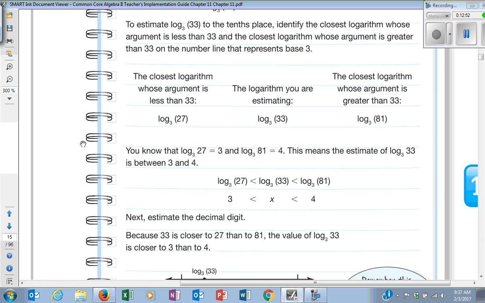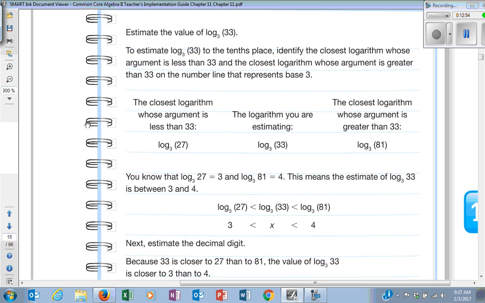If they want me to approximate, say, give me an estimate for where log base 3 of 33 is equal to, they said, well, wait, I know this right here is 3 to what power is 27, that answer would be 3, right? But wait, 3 to the 4th power is 81, so that's the 4.